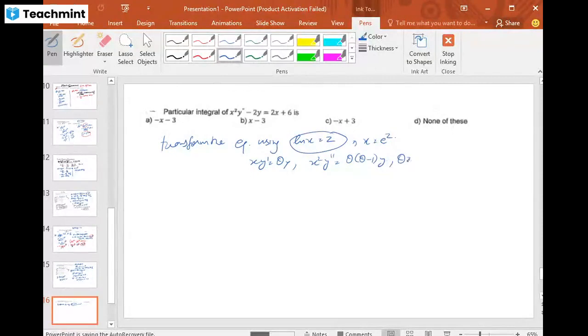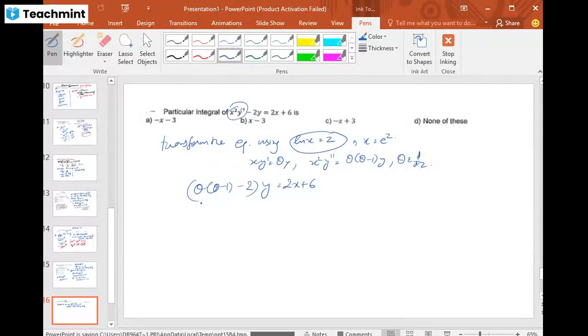What is theta? d by dz. How do we know that? Because here the power of x and the order of derivative are same. This is second order derivative, right? So your equation becomes theta into theta minus 1 minus 2y equal to 2x plus 6.